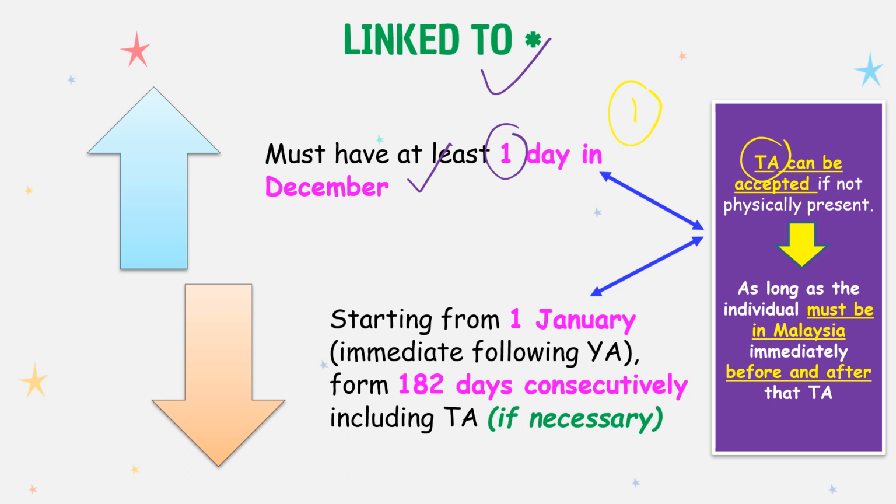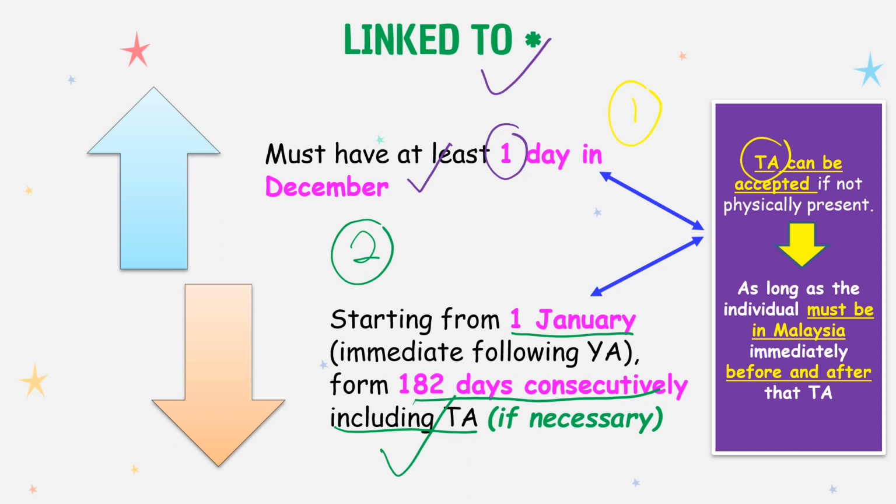Alright, condition number two. Okay, condition number two, starting from 1st January next year. It must be 1st January. Okay, 1st January next year. Make sure that you have 182 days consecutively. So if the period is not consecutive, the reason because of TA, we accept. That's why including temporary absent.